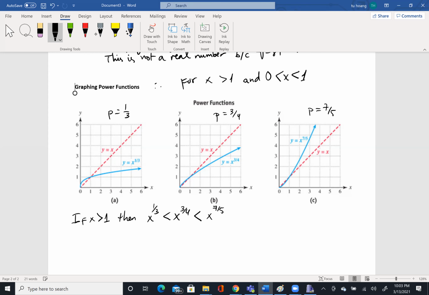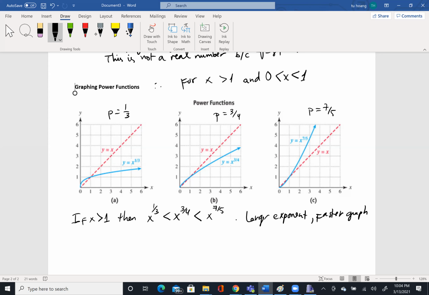You can see that it goes higher and higher. So we're gonna say, the larger the exponent, the faster the graph grows.